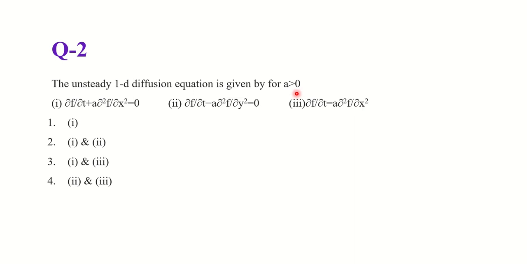So the thing is, this is not correct, because this symbol over here is plus, whereas it should have been negative, whereas this one is right, minus a dou square f by dou y square is equal to 0, and the third one is also right, dou f by dou t is equal to dou square f by dou x square into a. So options 2 and 3 are the right answer. Fourth one is option 2 and option 3. I hope this is clear.